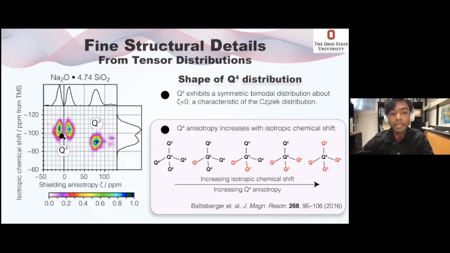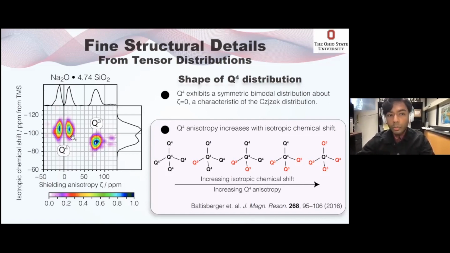So a Q4 is shown as a bimodal distribution, which is near symmetric about eta equals 0. And if you are familiar with the Czjzek model, then you will see that this is a classic Czjzek-like distribution when you plot that on the anisotropy scale.